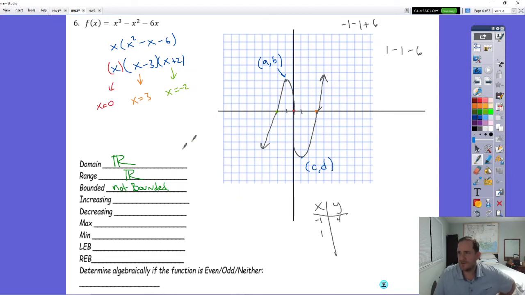Then our increasing intervals would be negative infinity to whatever A is, and then also from C to infinity. You can do the same with decreasing intervals. We see we decrease between A and C. And that's it.